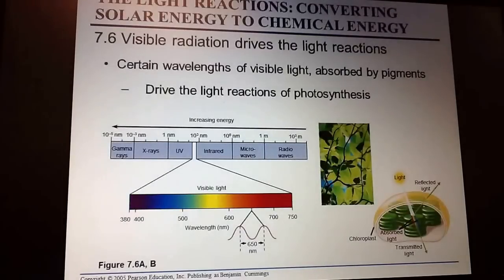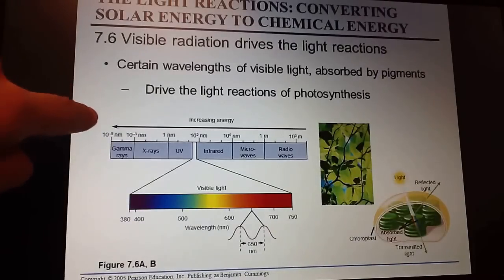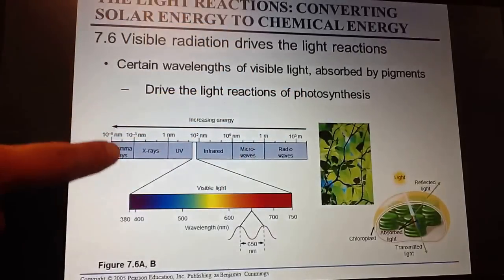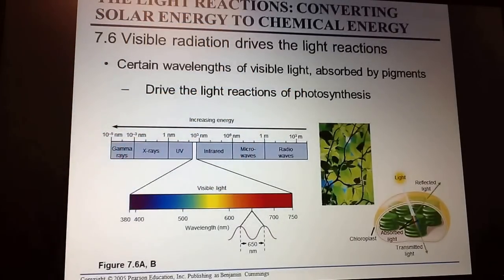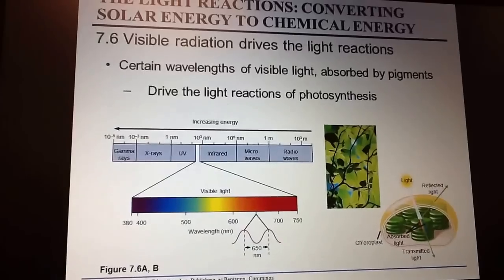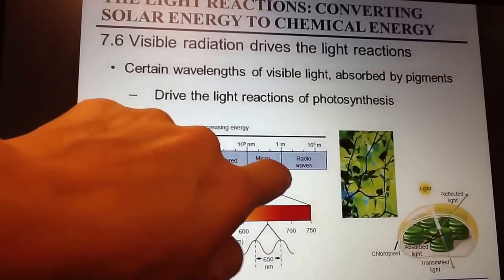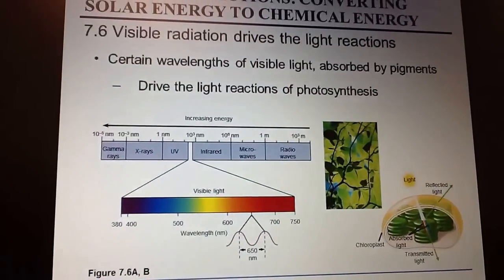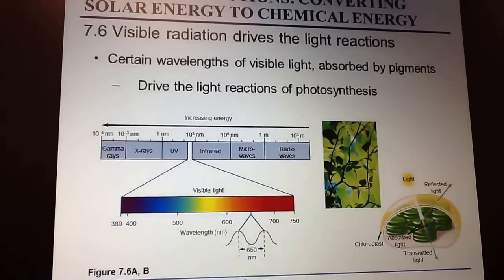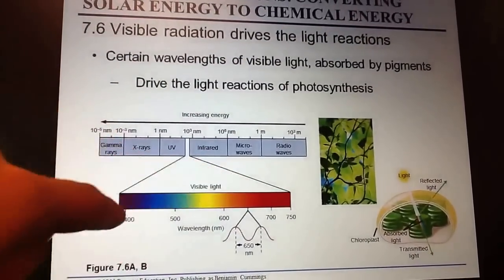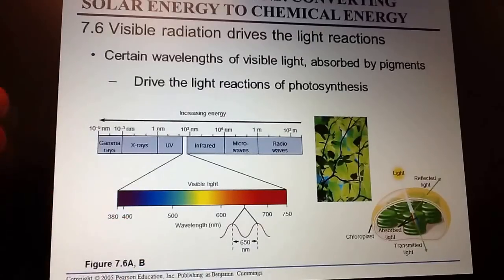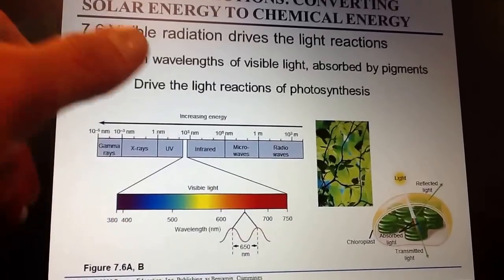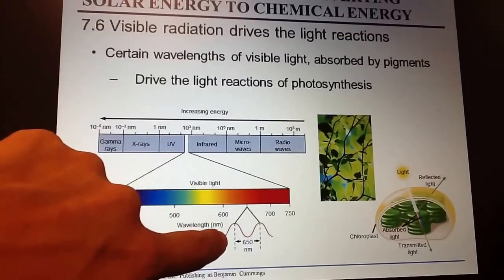The light reactions are going to be using sunlight, and light operates on an insane spectrum. So there's gamma rays, X-rays, UV rays, then there's the visible light spectrum that we know of, then there's infrared and microwaves and radio waves and all of those things. The idea is that the visible light is what is going to be driving the light reactions, and we are specifically looking at types of wavelengths within the visible light.